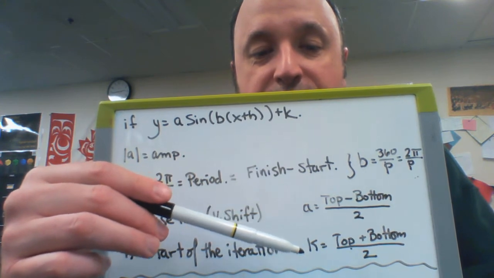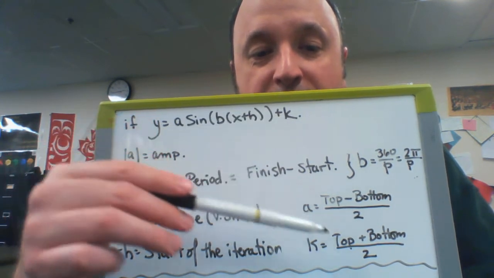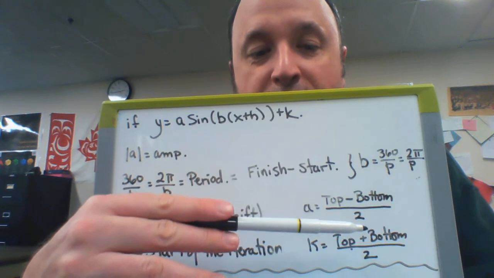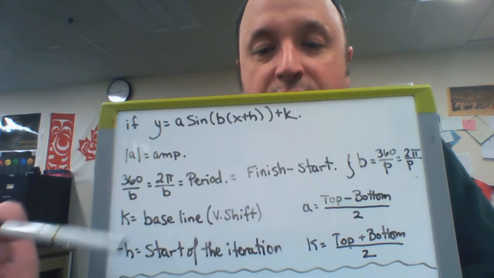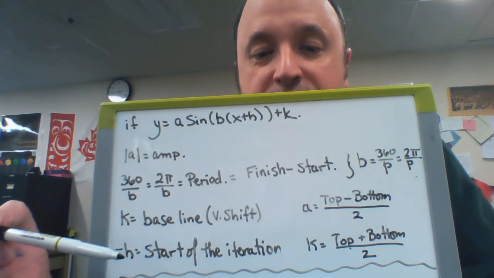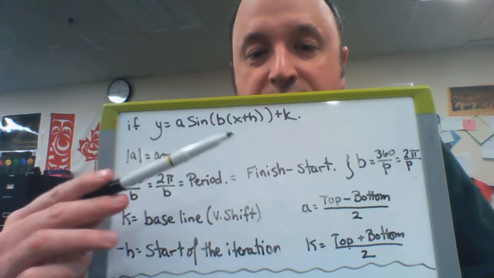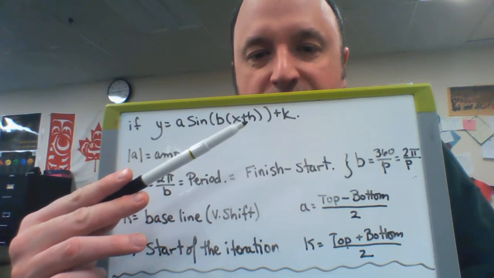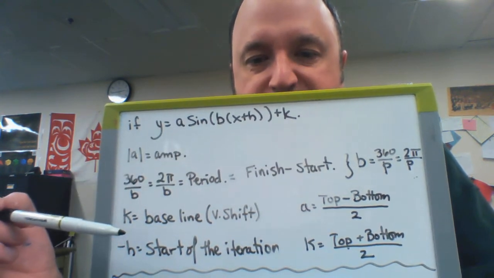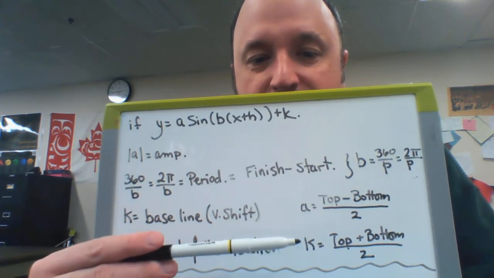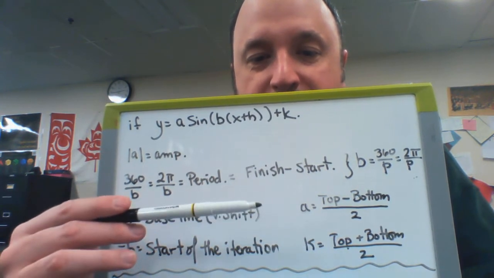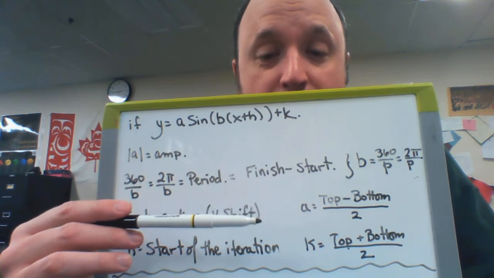Same thing here for K, our K value, right? We can calculate as the top plus the bottom of the graph and divide that by 2, right? Our H value is the negative of our start, right? Just kind of like the same as with a regular function. And K is your baseline, so that's where the baseline of your graph is. That's like the x-axis in a normal graph.